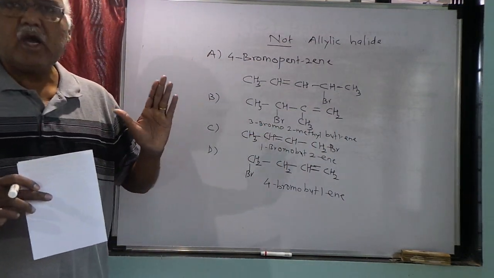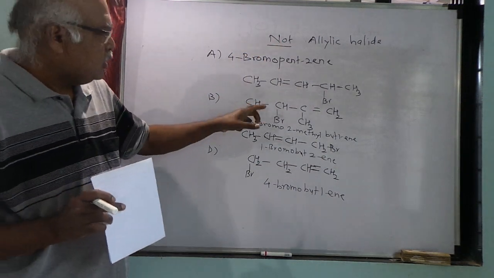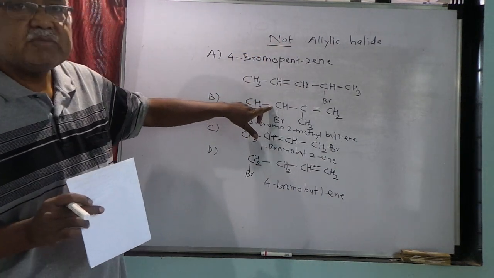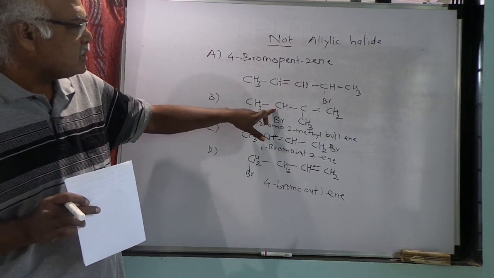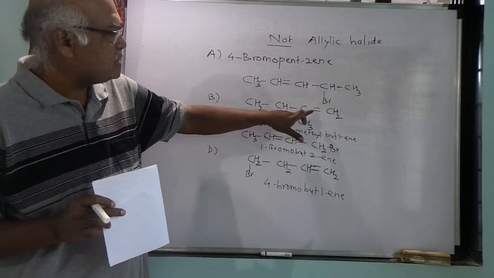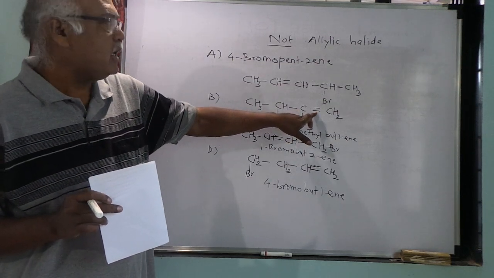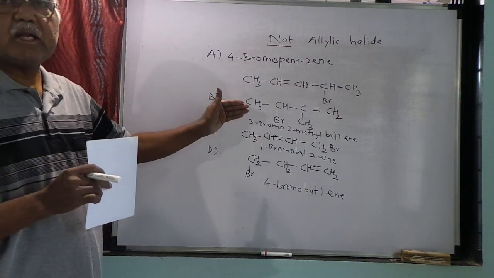Now here again we have to see whether this is an allylic halide or not. Look at this particular carbon atom which is sp3 hybridized, which has bromine in it. So this carbon atom should be sp2 hybridized, and this is sp2 hybridized because it has the double bond. So this is also an allylic halide. So this will not be our correct option.